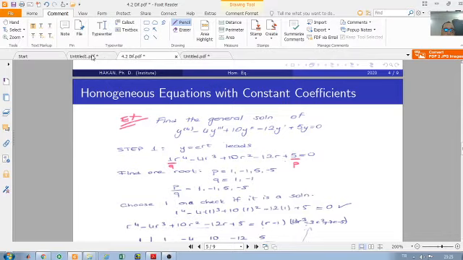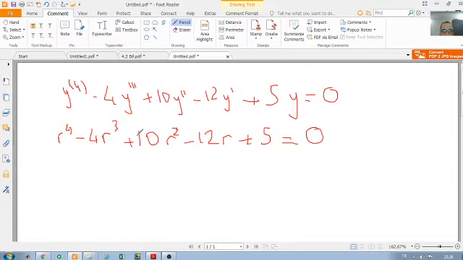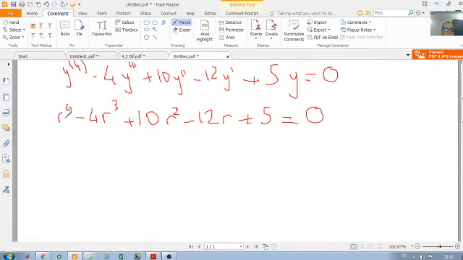Okay, first we need to find the characteristic equation. So we have r to the power 4 minus 4 times r to the power 3 plus 10 times r squared minus 12 times r plus 5 is equal to 0. What is the coefficient of r to the power 4? It is 1. So in the denominator we have plus or minus 1.